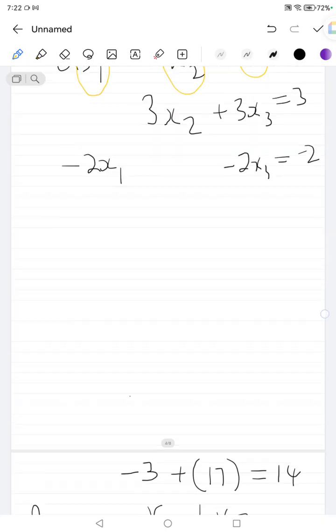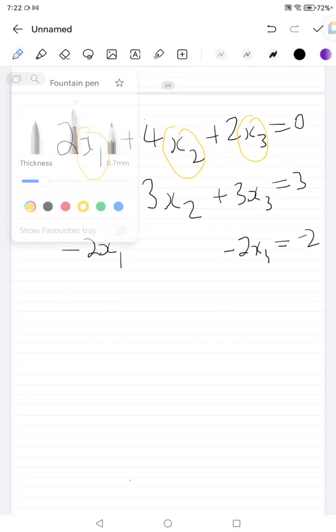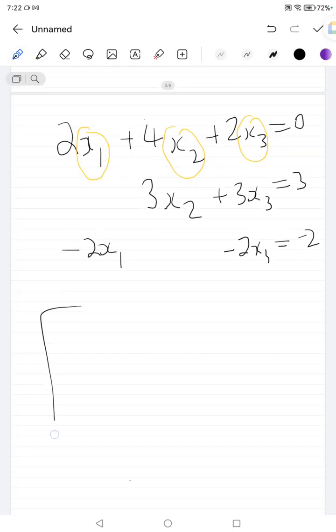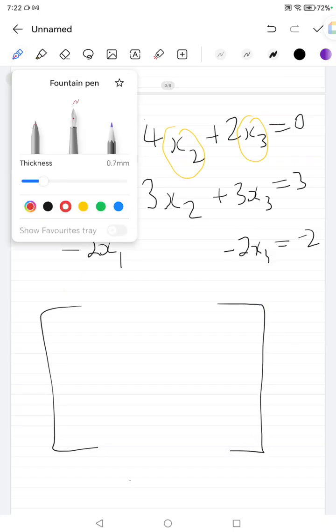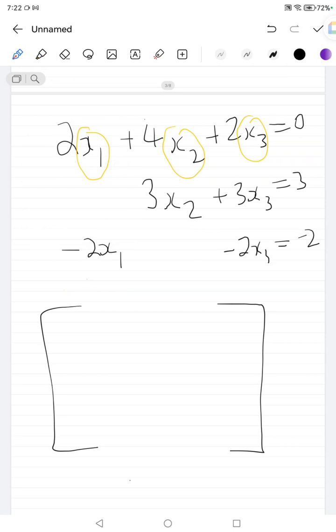So when you draw your augmented matrix, do not make any mistake; place them exactly where they're supposed to be, and where you don't see the other ones, you just put 0. Here you don't have x1, you just put 0. Here you don't have an x2, you put 0, then you solve.